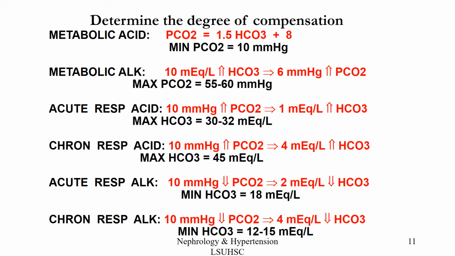And for acute and chronic respiratory acidosis or alkalosis, for every 10 PCO2 going up or down, for acute, the bicarbonate goes up by 1 or 2 for acute and 4 for chronic, or goes down by 1 or 2 or 4 for alkalosis. That's the only thing you need to remember for the test.